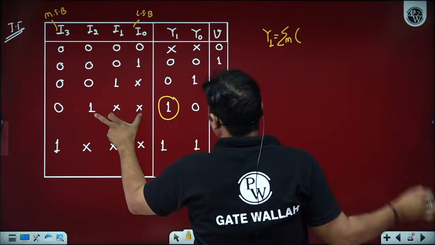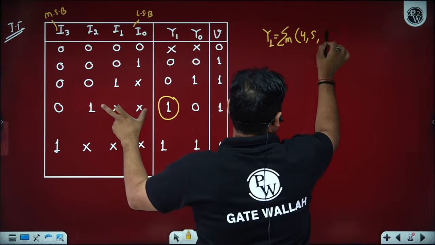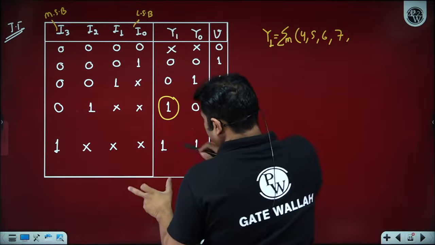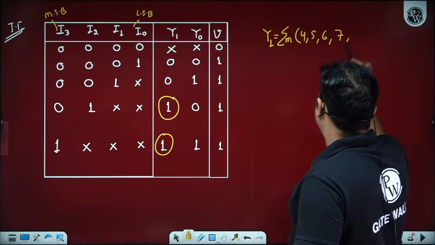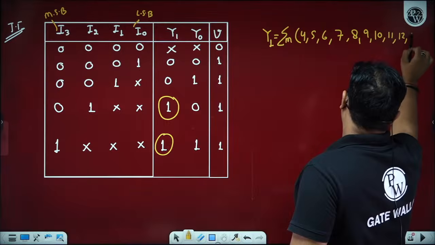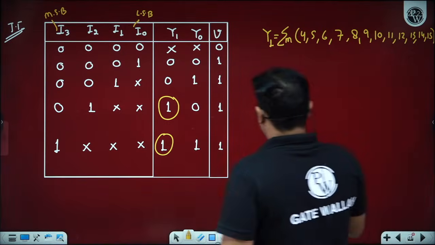So this is the binary of 4. Binary of 4, 5, 6, 7. Is it okay? Yes, sir. Then it is high here, which is possible combination from 8 to 15. So 8, 9, 10, 11, 12, 13, 14 and 15. Is it okay, beta ji?